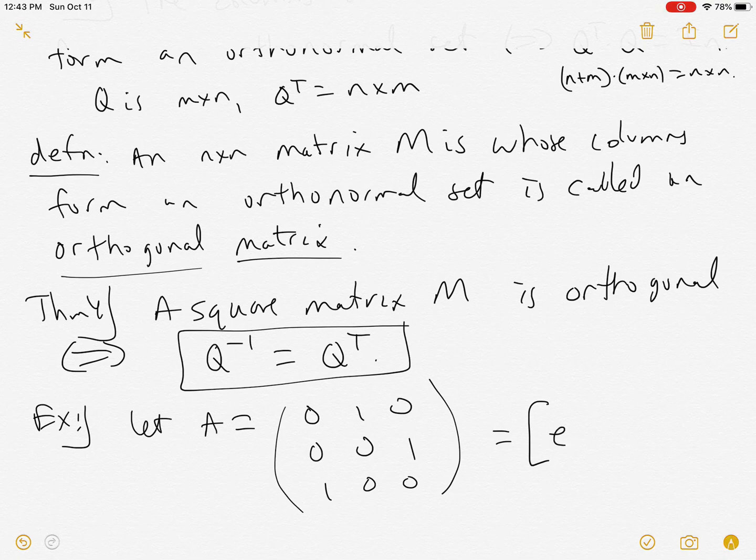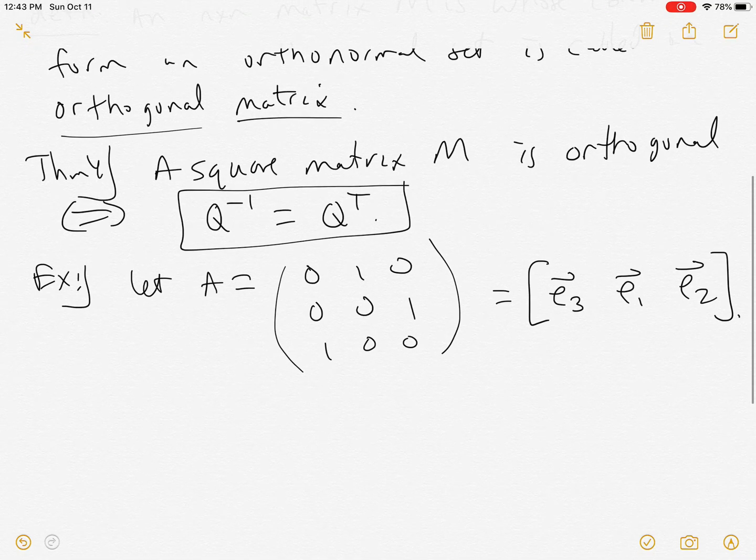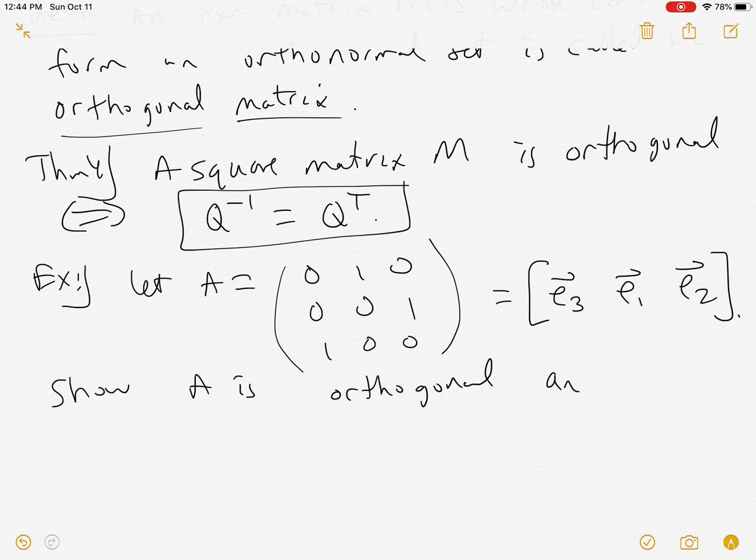So this is E3, E1, E2, and that becomes important in a minute, the ordering. Now, what we want to show is that A is orthogonal and find its inverse.